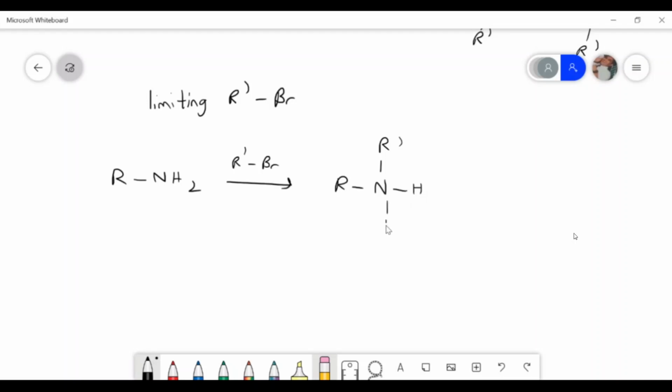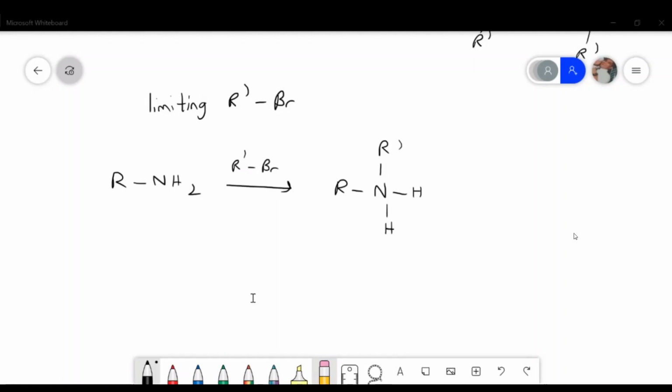Because it's competing with many other amine molecules to react with the R prime Br. So that's why you stop at a single substitution. So you have to be very careful about what you're writing for your reagents and conditions. You have to specify that you're putting this in a limiting amount or in an excess amount based on what your final product is.